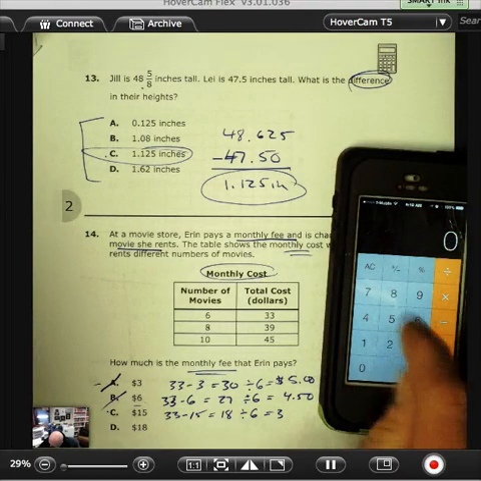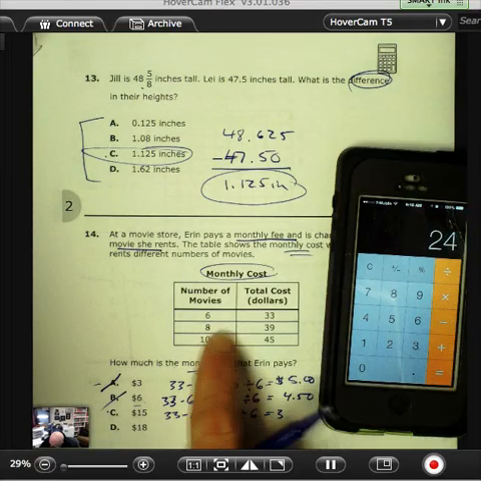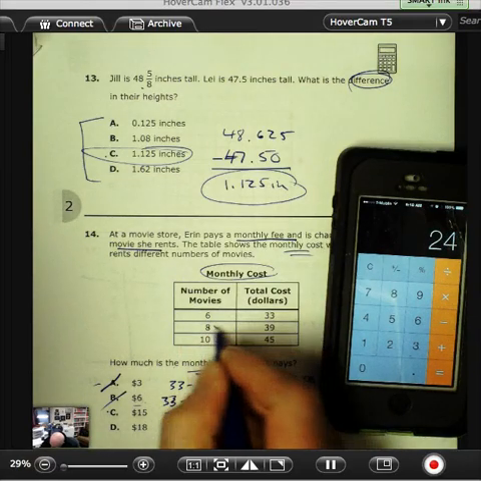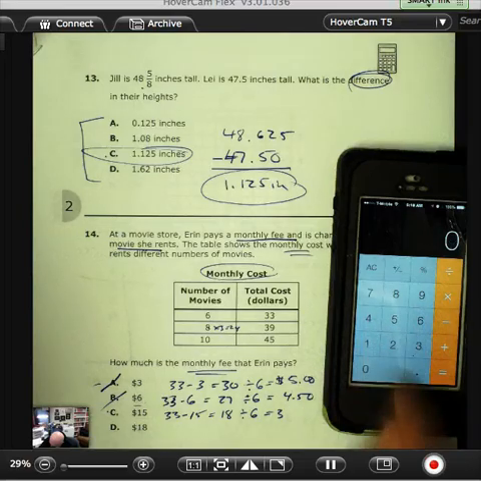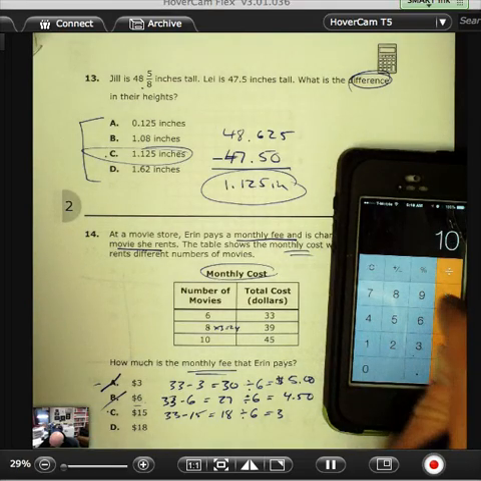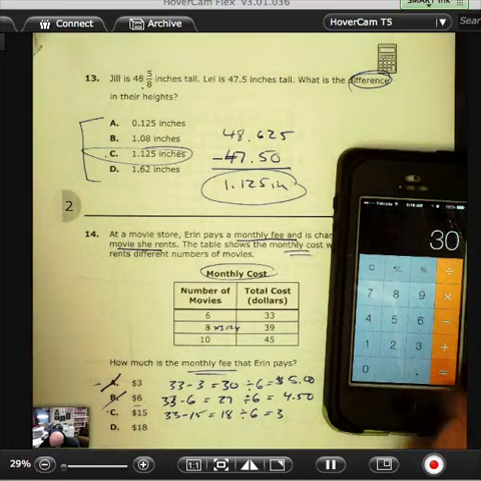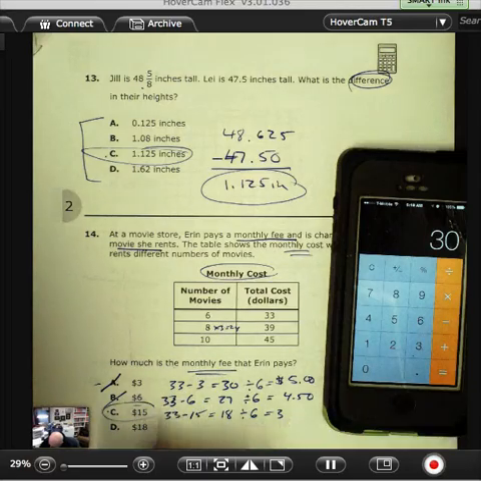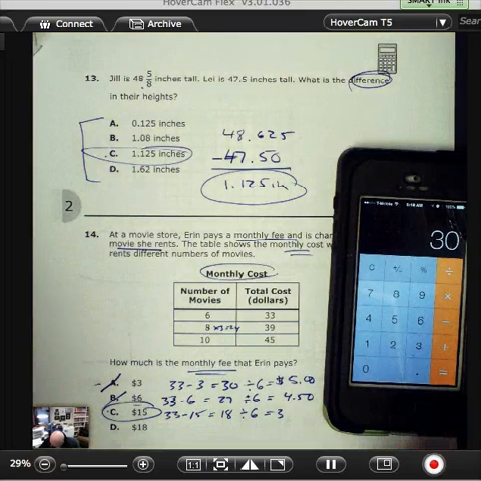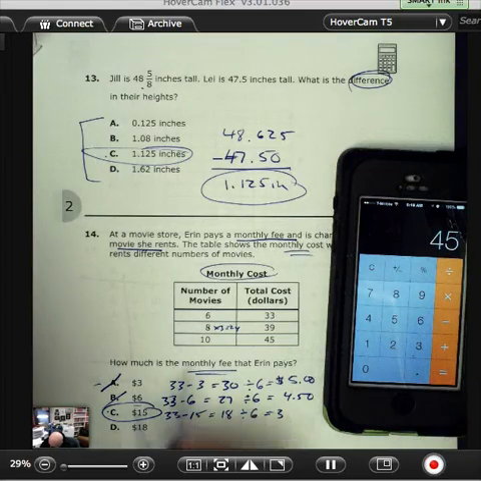If I took 8 movies times $3, that'd be $24. Plus the 15, this one's looking good. That's 39. Let's try it for the other one. If I took the 10 movies times the $3, that would be 30, and then if I added that $15 monthly fee, that would be $45. So it looks like our answer is C, but let me just check D.